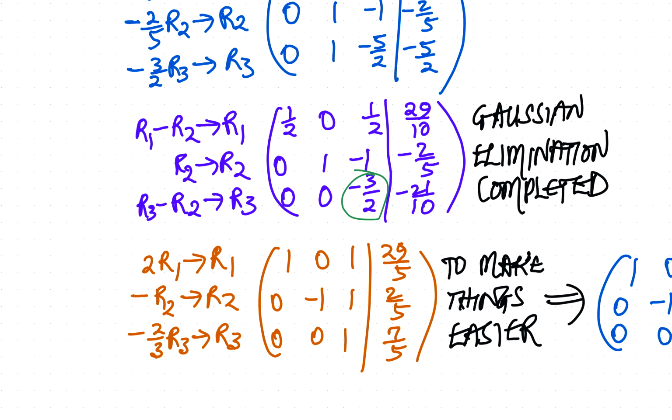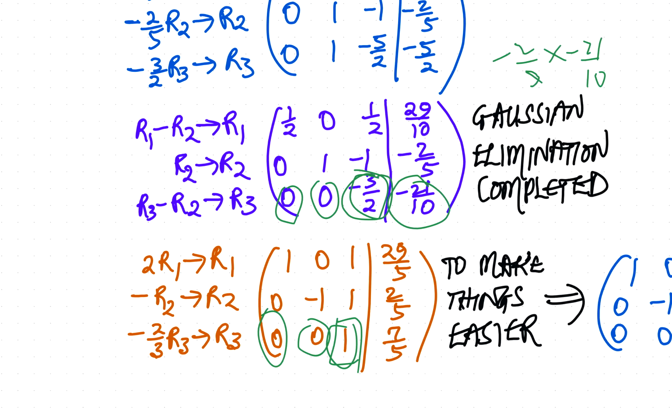Minus 2 over 3 times minus 3 over 2, that's 1, which is a pivot actually. And then minus 2 over 3 times minus 21 over 10. 3 here is 1, 3 here is 7, 2 here is 1, 2 here is 5. Minus and minus is plus. So you have 7 over 5. So this is why you have 7 over 5 right here.